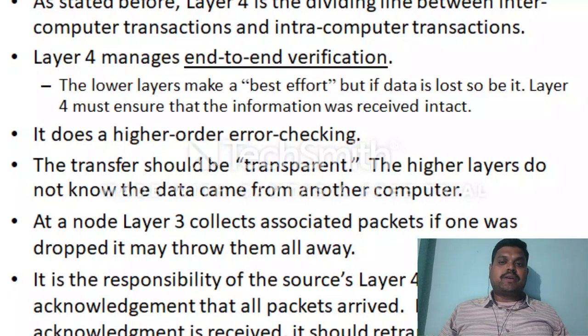The transport layer is also the heart of the OSI reference model, and it will ensure the end-to-end communication from device A to device B. It also does higher order error checking, and it makes the communication transparent.